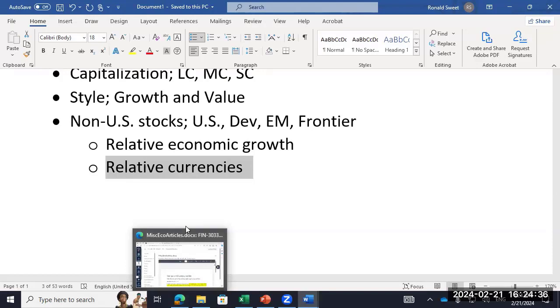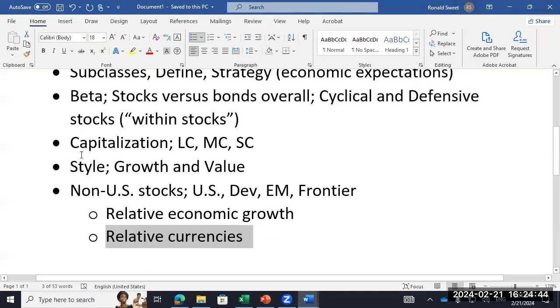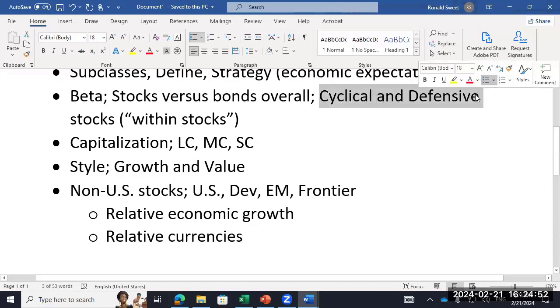So we're supposed to define bucks, right? Like beta, we define it. But we also define as cyclical and defensive stocks. Well, that's what I'm saying is on beta, you can kind of define it, but you can define it really by defining the two groups. Beta has to do with cyclical versus defensive stocks.